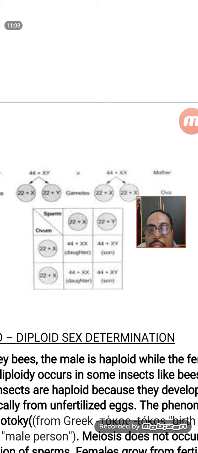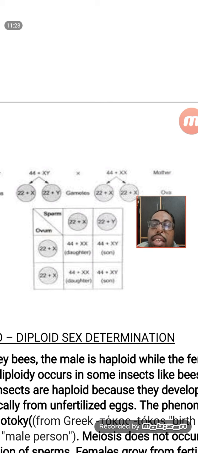Inside this, X and Y determine the sex. That means XX is very easy to form, but the Y has to come close, and only then will a male character be determined.